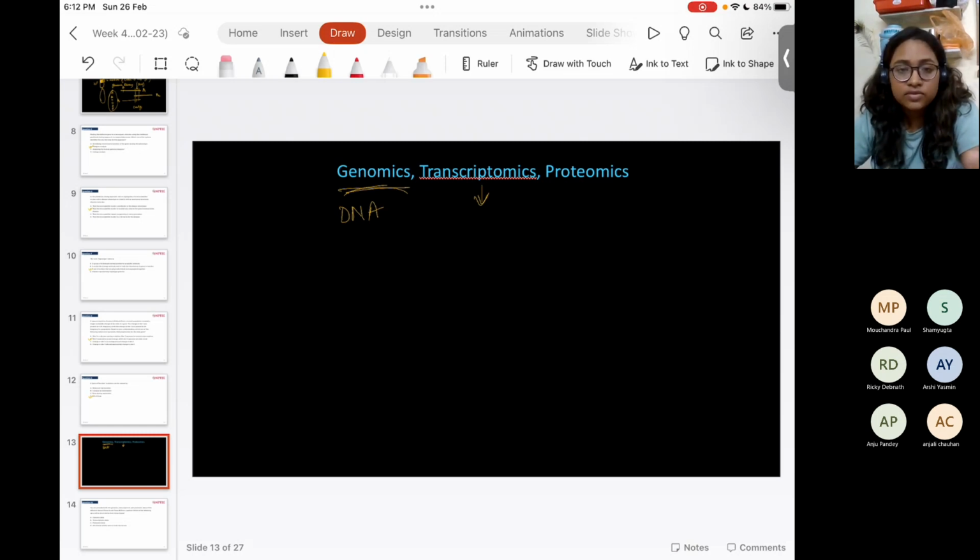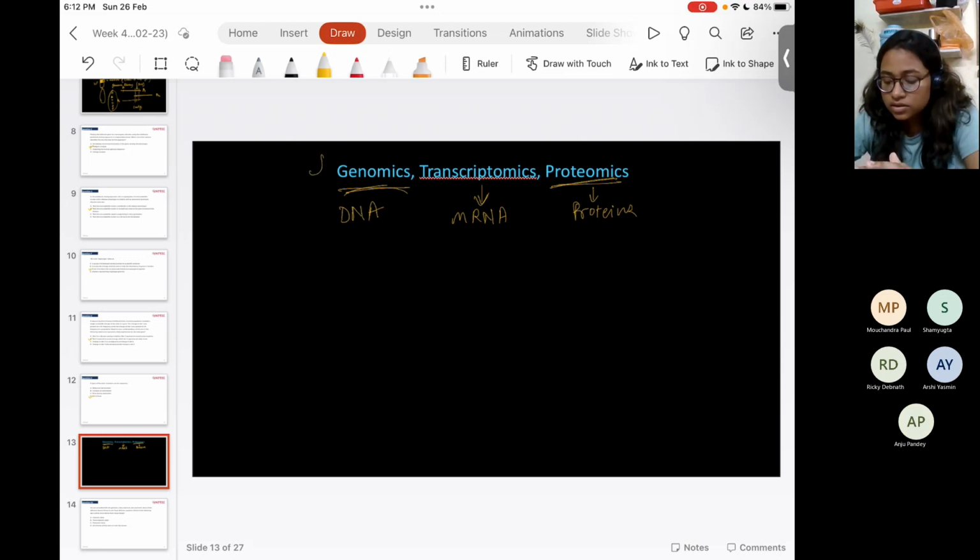The coding regions give rise to mRNAs. So the set of all mRNAs within the cell is studied in the field of transcriptomics. And from these mRNAs, through the process of translation, protein is made. So the set of all proteins within the cell is studied in the field of proteomics.